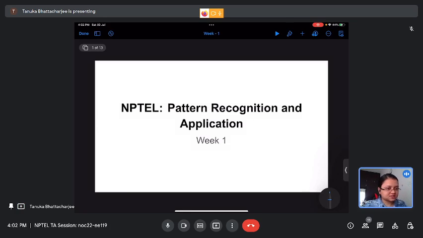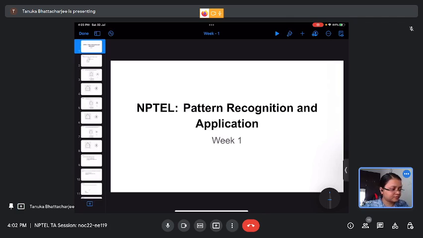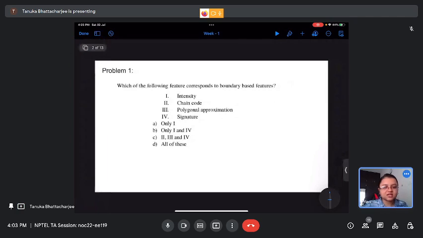So let us get started with the first problem. All of you must have gone through the week 1 content on feature extraction. The first problem is: which of the following features corresponds to the boundary based features?